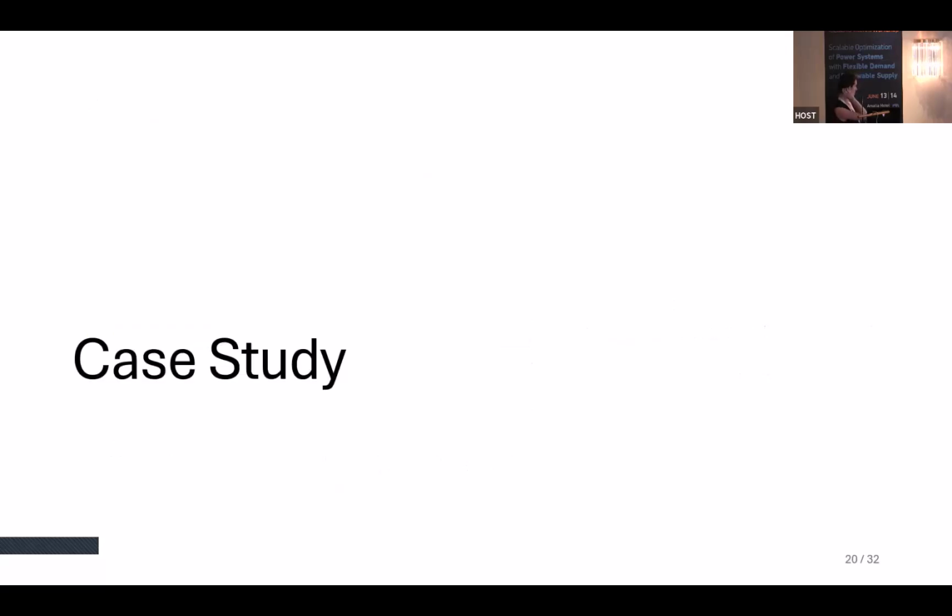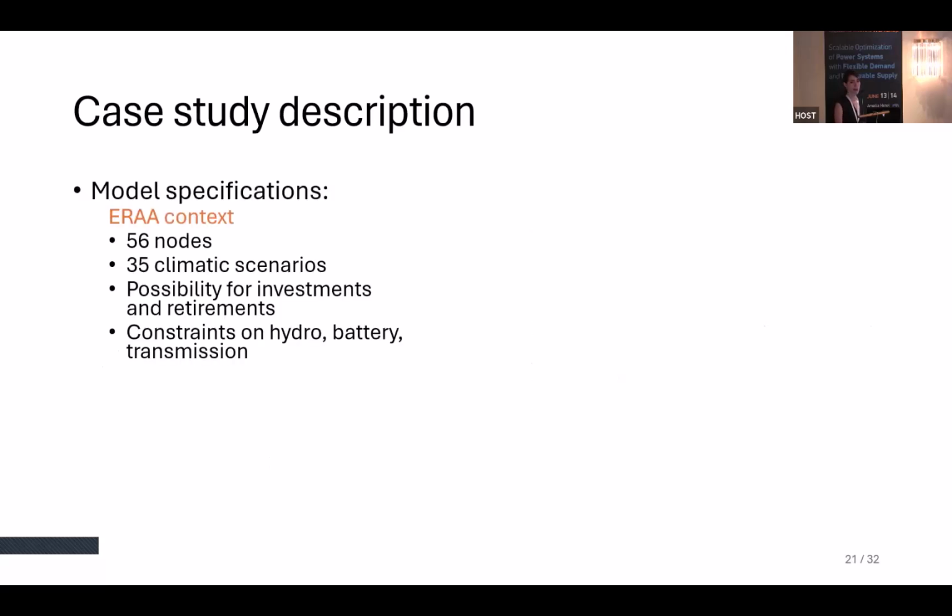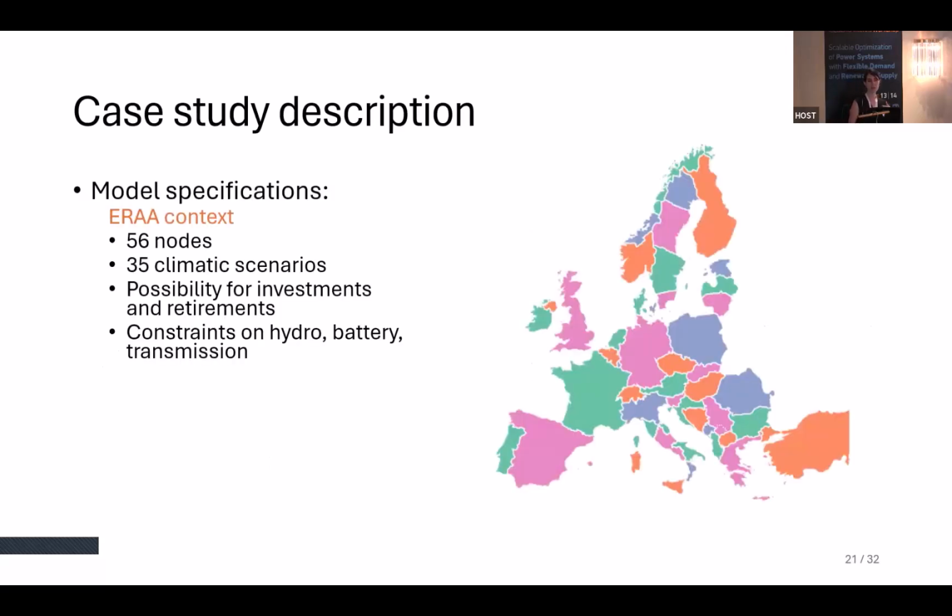Okay, so let's move on to the case studies. We're basically using the same context that Daniel used for his approach: 56 nodes across Europe, 35 climatic scenarios.